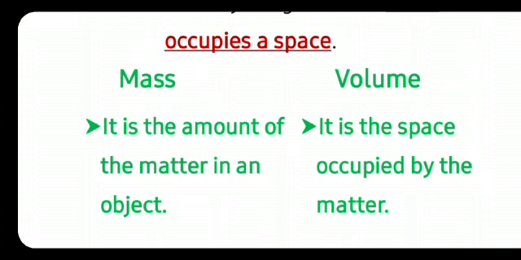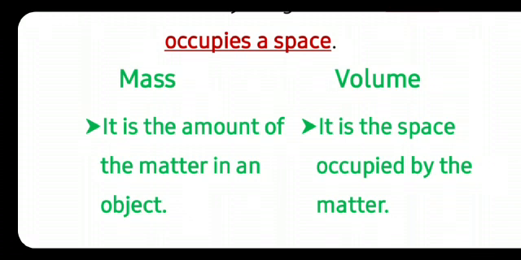The mass in the first bag is small and the mass in the second bag is large, because the amount of matter in the first bag is small, but the amount of matter in the second bag is large.